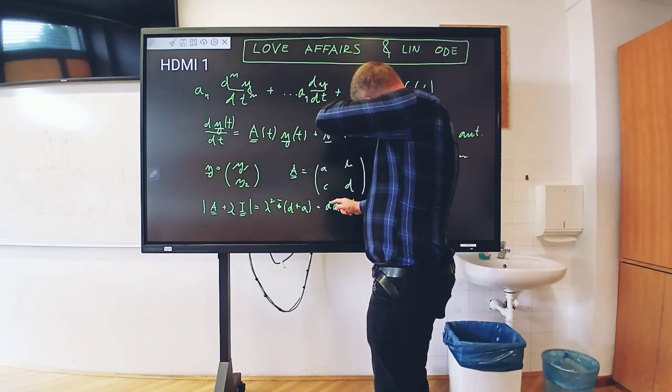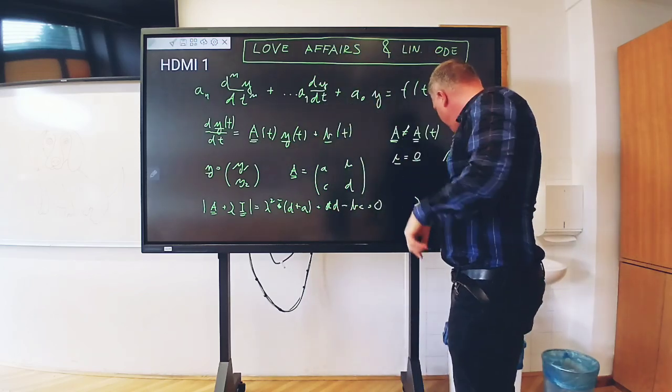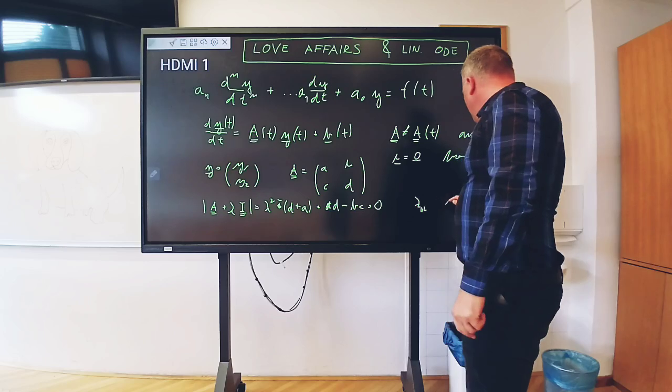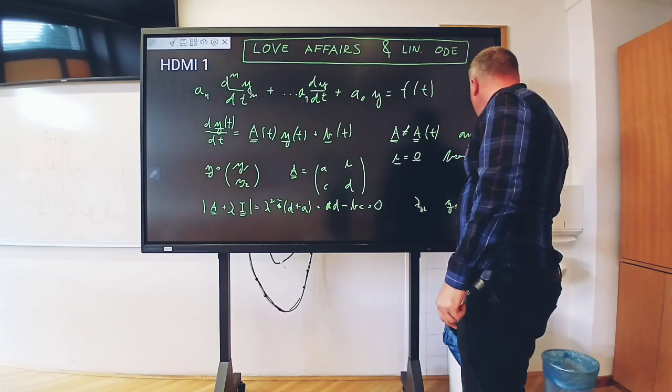And from here you get lambda 1 and 2, and you get the eigenvectors y1, y2.